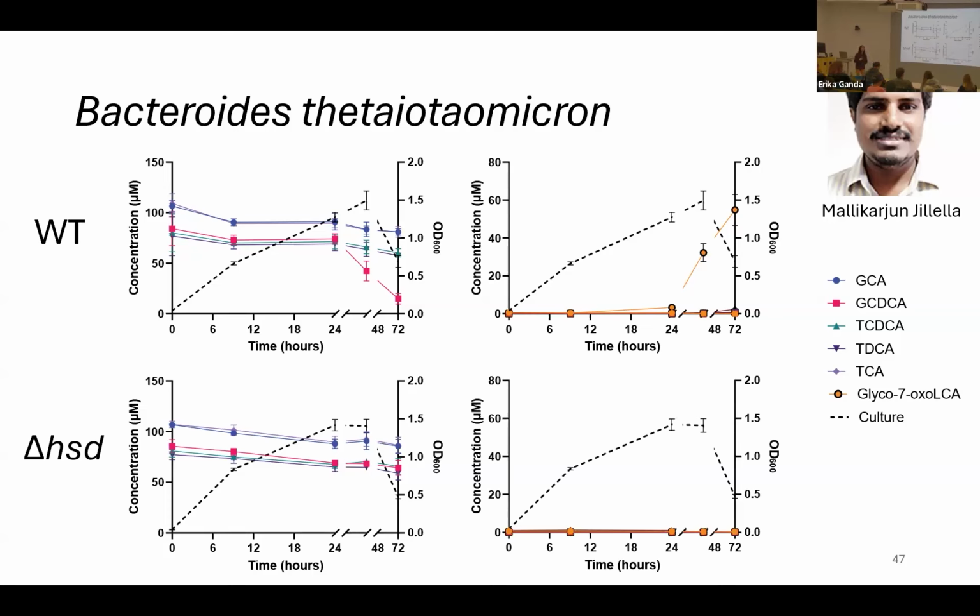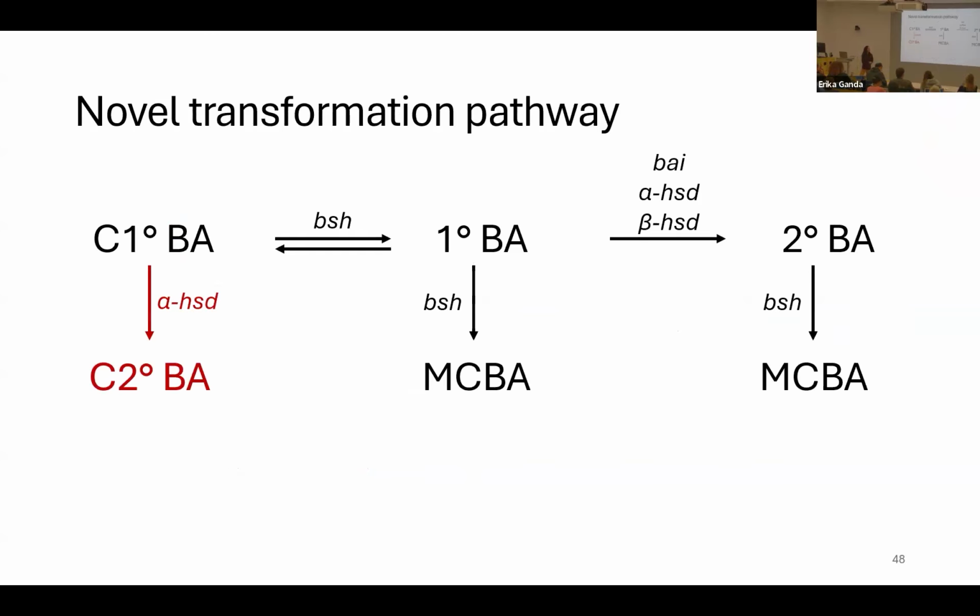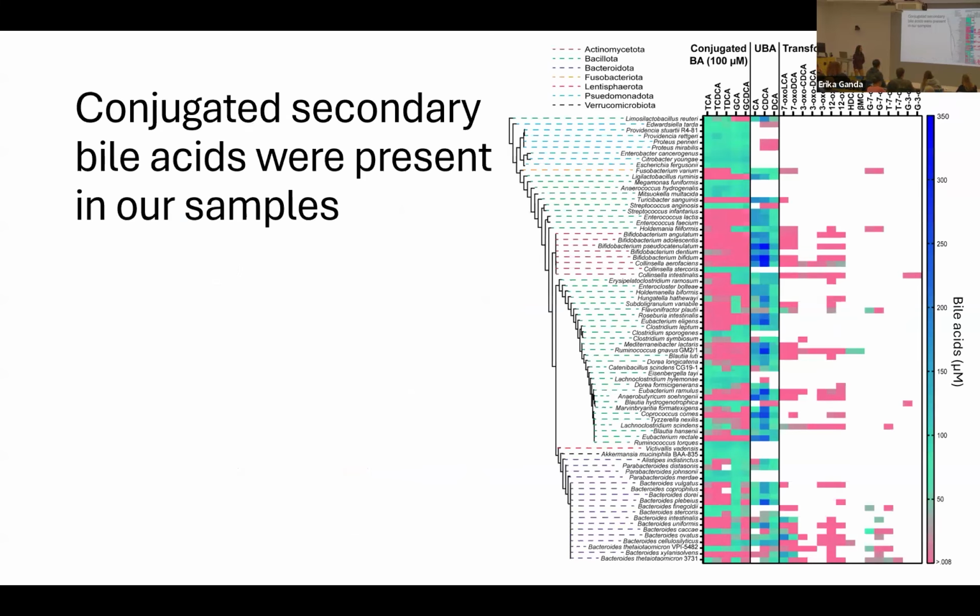No unconjugated intermediates appear. So there's no CDCA in the media to support the possibility that bile salt hydrolase is playing a role in this transformation. And so now we have added yet another branch of bile acid transformations to the pathway.